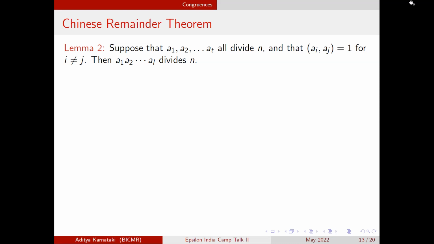And if the relative prime condition is not true, then this obviously fails. 4 and 8 divide 8, but their product does not divide 8. Yeah. So this is an exercise, just to make sure you know what we are working with. It's the same circle of ideas that we are talking about. Do unique prime factorization, do whatever you want, but just prove it.